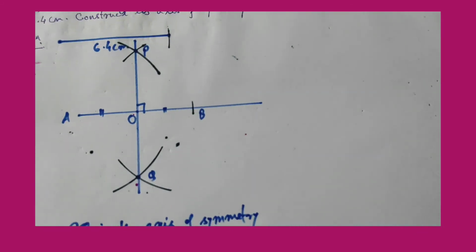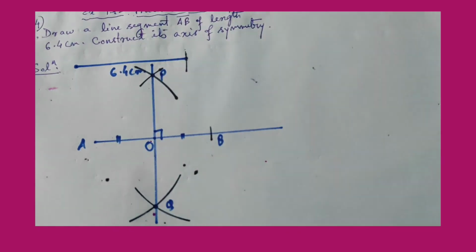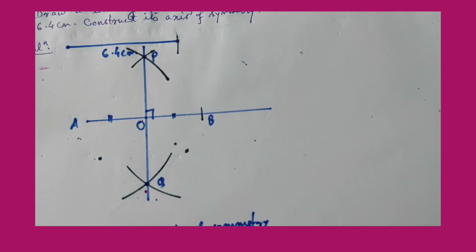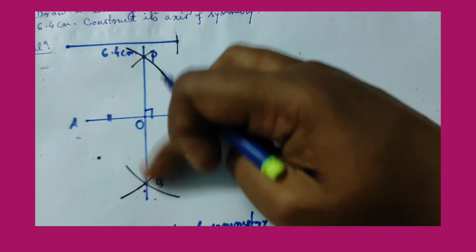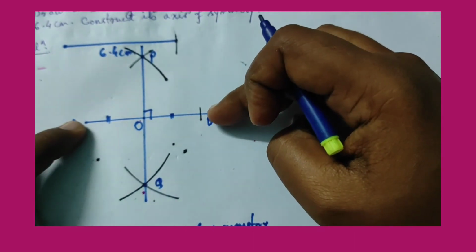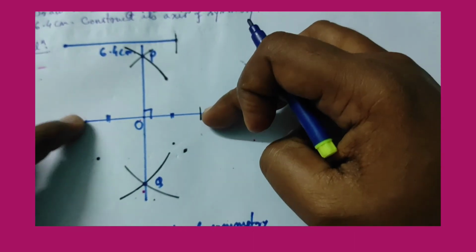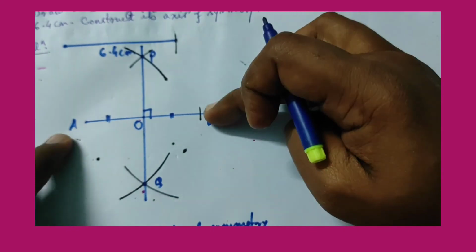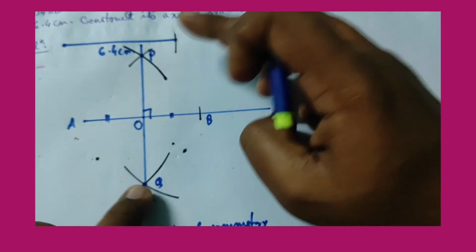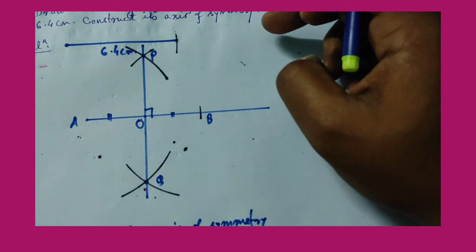This is done. Okay, so this PQ is the line of symmetry of AB. PQ is the axis of symmetry of AB, or we can say PQ is the perpendicular bisector of AB.